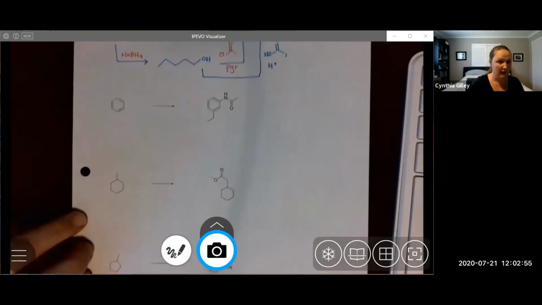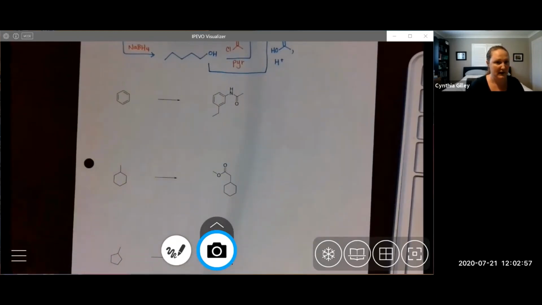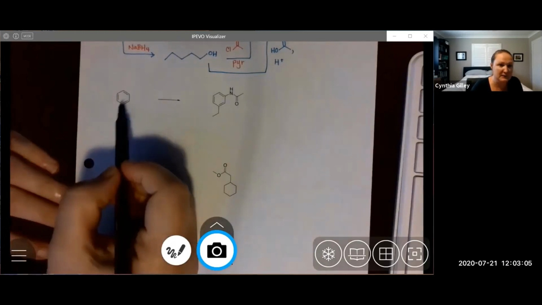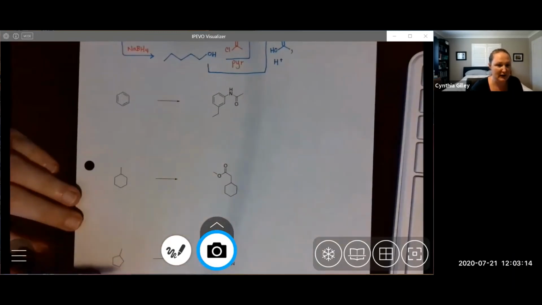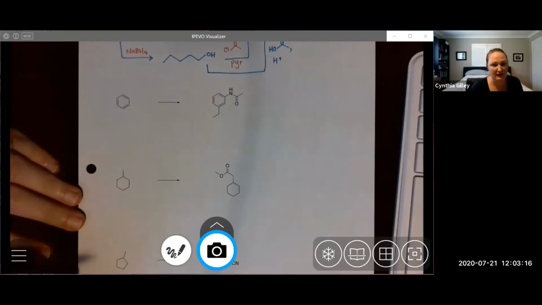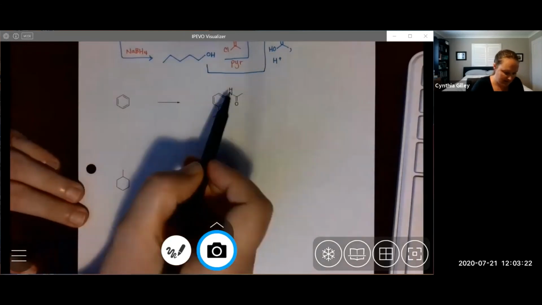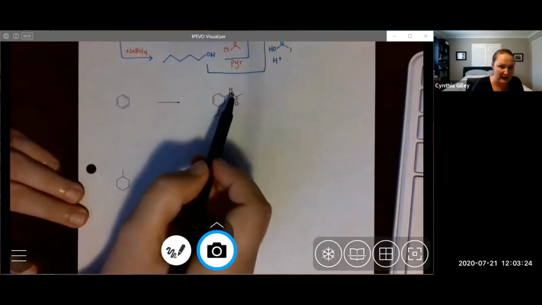Okay, and now looks like we're going to be doing some electrophilic aromatic substitution reactions. And we need these groups to be introduced meta to each other. And right now, both of these groups are ortho-para directors. So we needed to have installed a meta director and then converted it later, right? So the nitrogen here could have come from an amine.